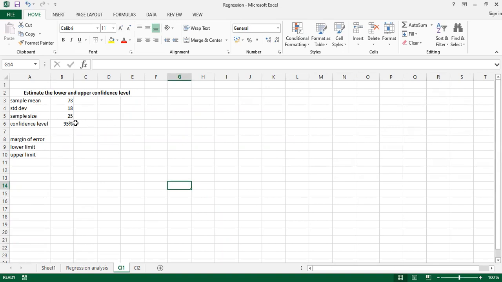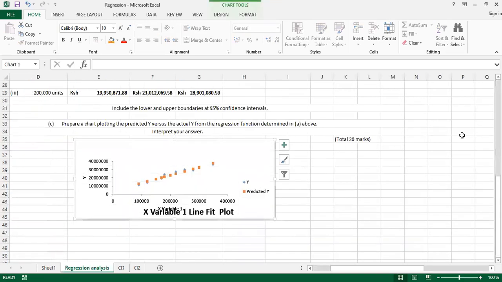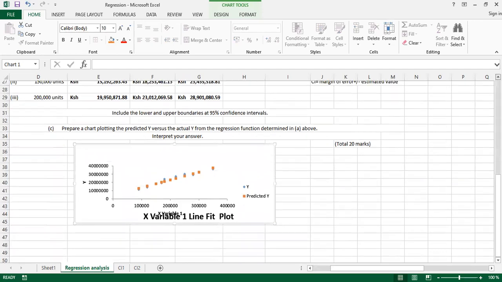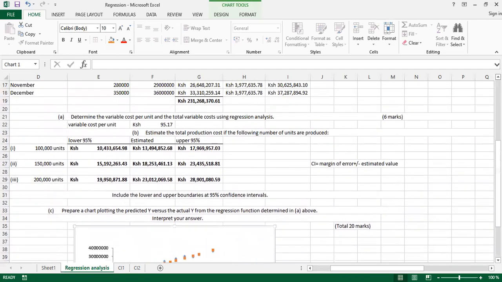So here we will use the T. The good thing of Excel is you can just calculate directly the margin of error instead of calculating first. I think I did it somewhere here. So the margin of error here, I'll do margin of error.